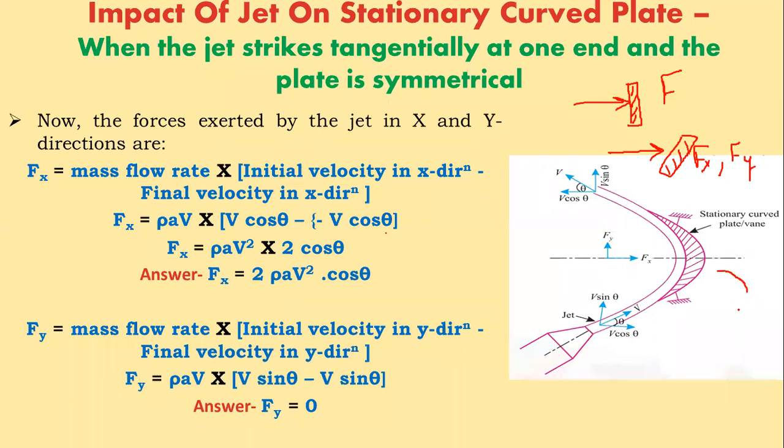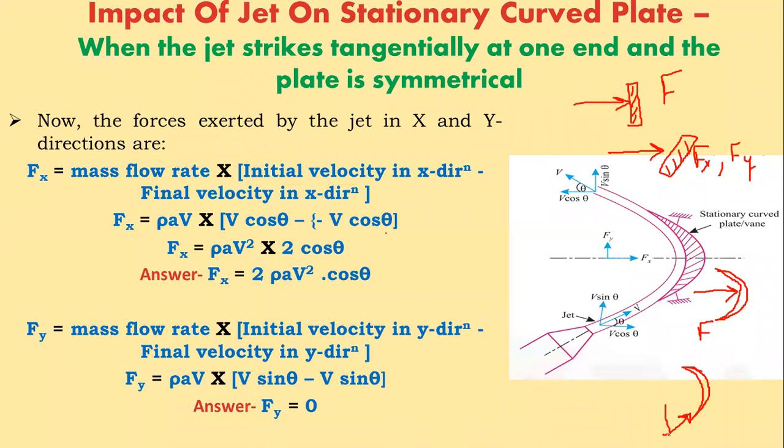Similarly, in the third case, the curved plate was there, but the jet was striking at the center of the plate. So here also we found out only one force, because the jet was striking directly. But in this case that we have studied now, the fourth case, the jet was striking in an oblique manner, or tangentially.